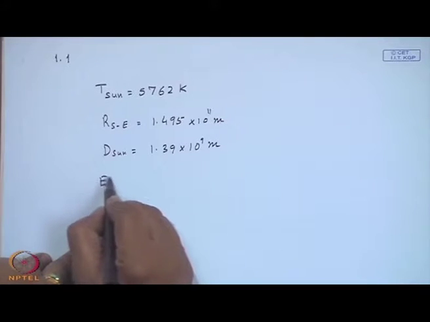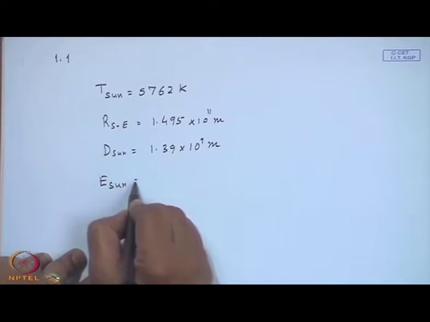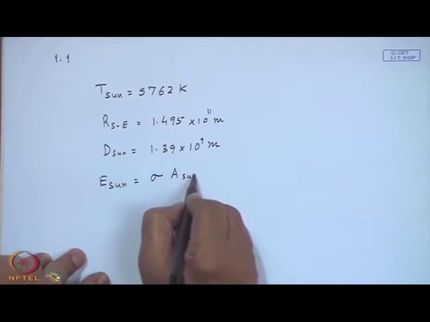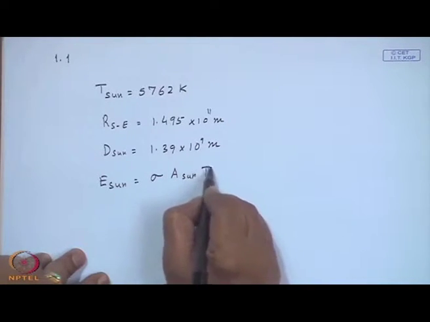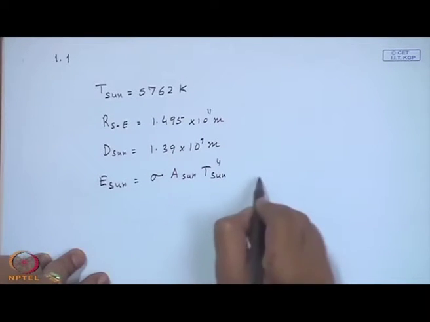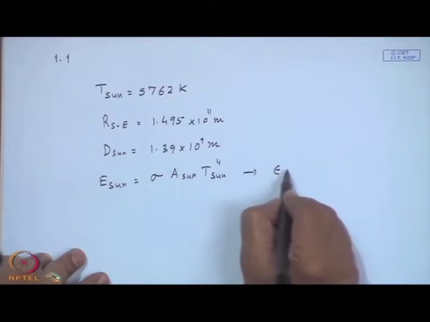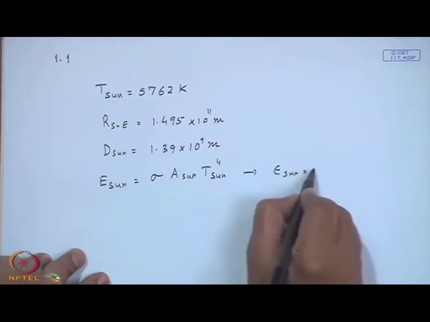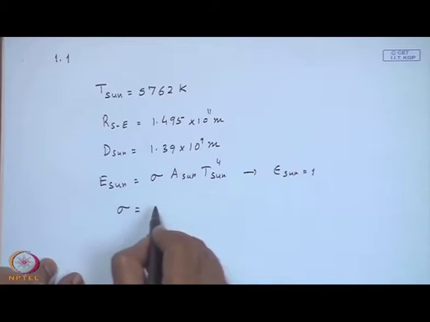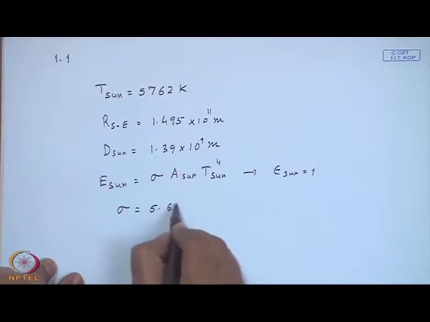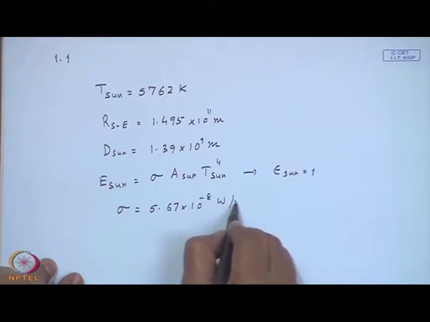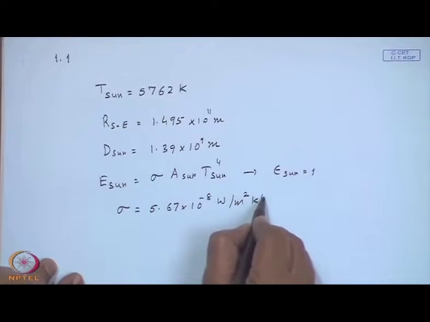So, energy emitted by the sun, E sun, will be sigma times the sun's surface area times T sun to the power 4, and you are assuming in this process epsilon sun equal to 1, and the Stefan Boltzmann constant sigma equal to 5.67 into 10 to the power minus 8 watts per meter square Kelvin to the power 4.